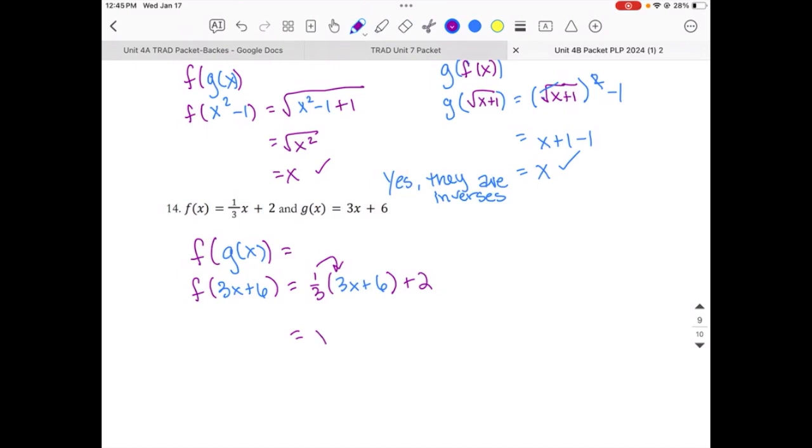If we distribute this, we get x plus 2, and then we have the other plus 2, which gives us x plus 4. So no, they are not inverses. If one of them doesn't work and equal x, then neither of them are going to work.